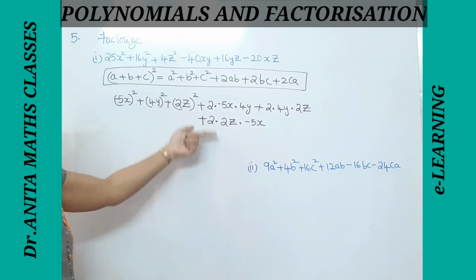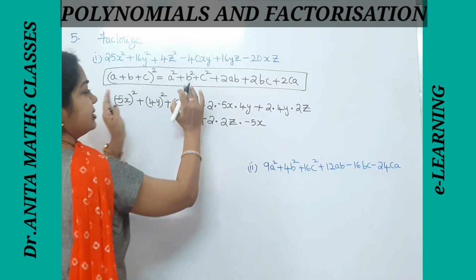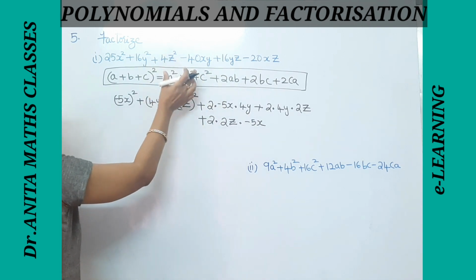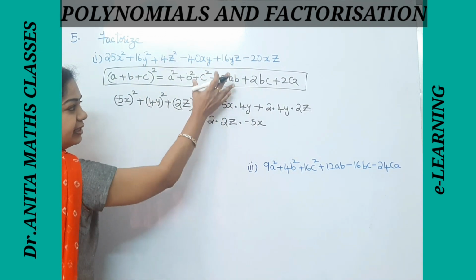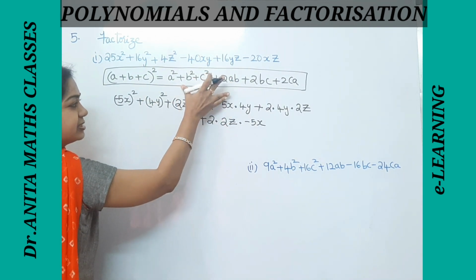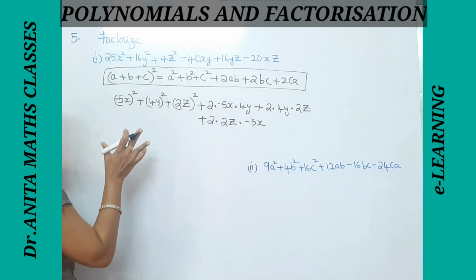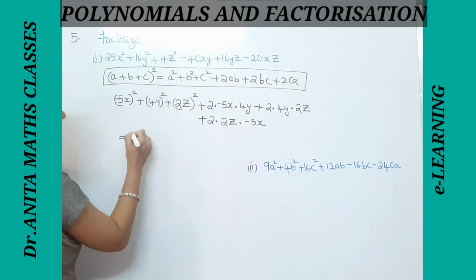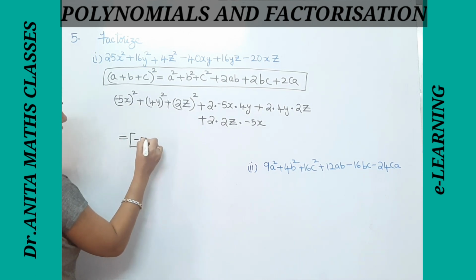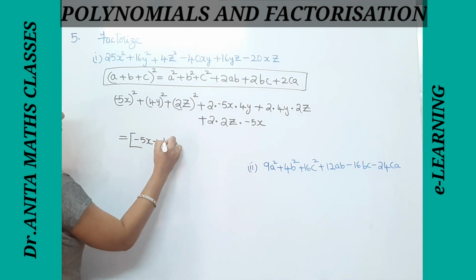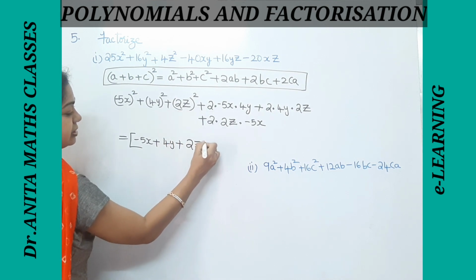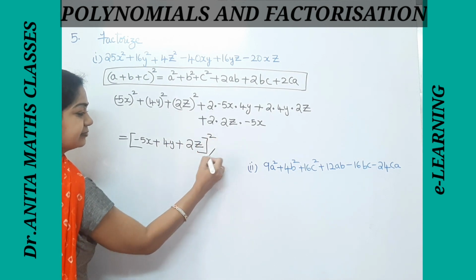So that is correct. So this is the LHS part of our formula. Now what is the RHS part of the formula here? This is the expansion. Now this is equal to (a plus b plus c) whole square. So we can clearly write what our a value is. A value is minus 5x plus b value is 4y plus c value is 2z. So this whole square is the answer.